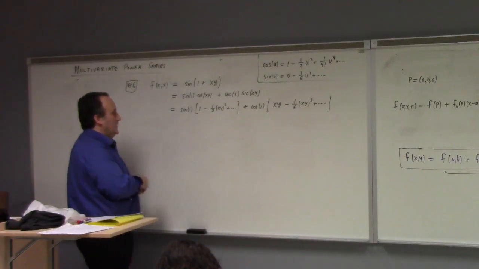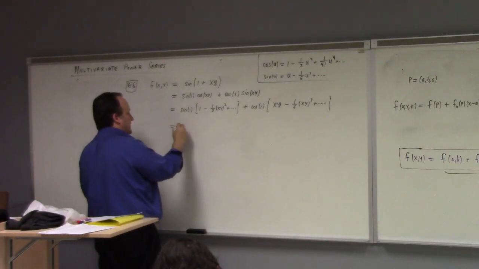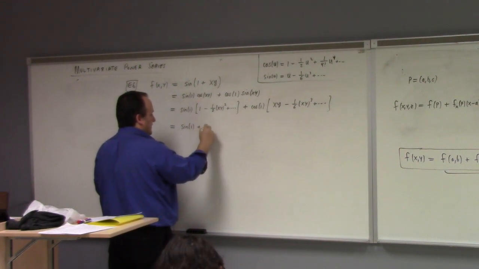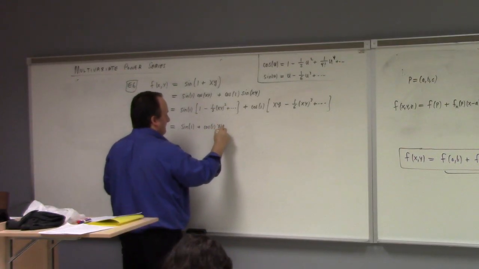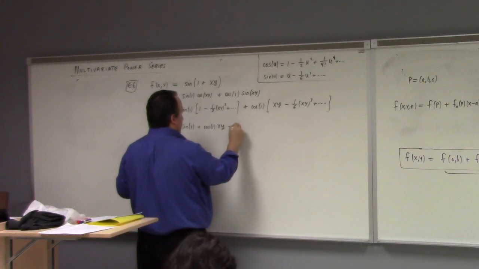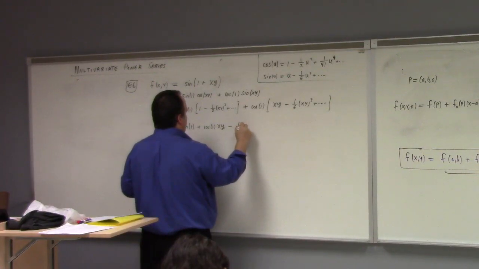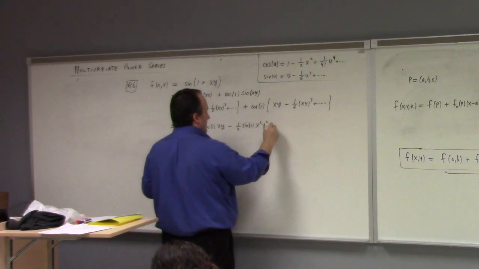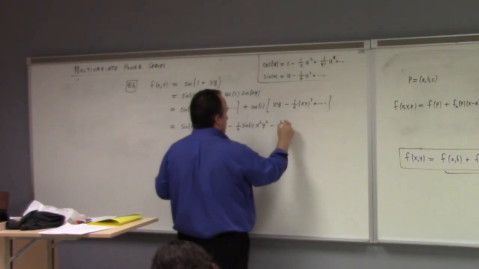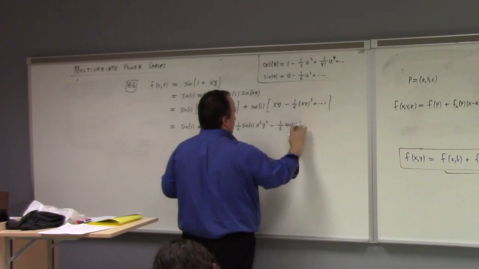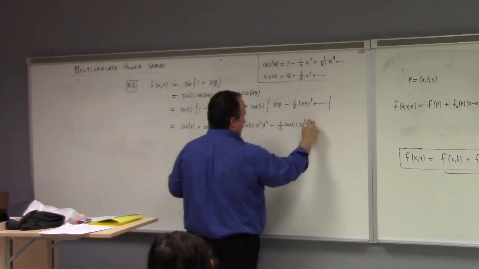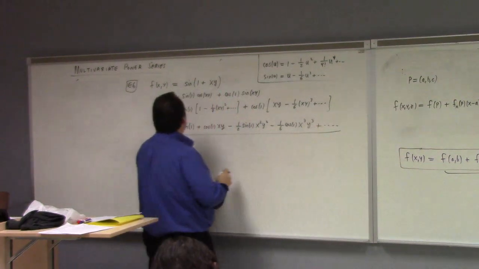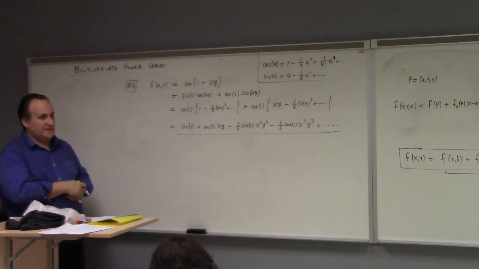Okay, so altogether, let me clean it up. We've got sine of 1, and then plus cosine of 1 times xy, and then minus 1/2 sine of 1 times x squared y squared, minus 1/6 cosine of 1 times apparently x cubed y cubed. And there you go. That's the multivariate power series expansion for sine of 1 plus xy up to order 6.